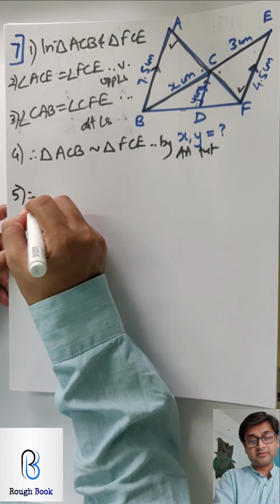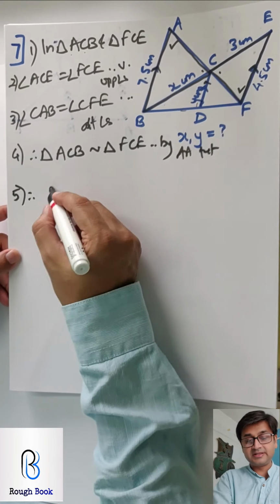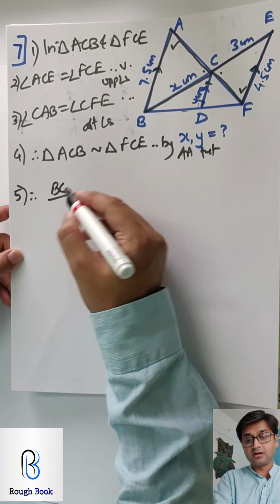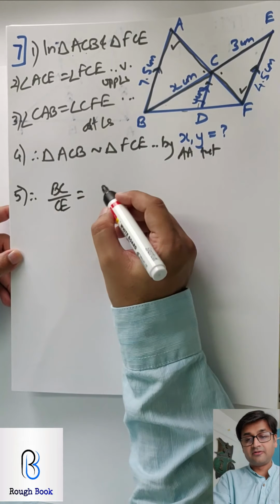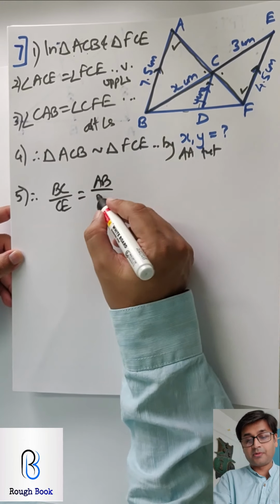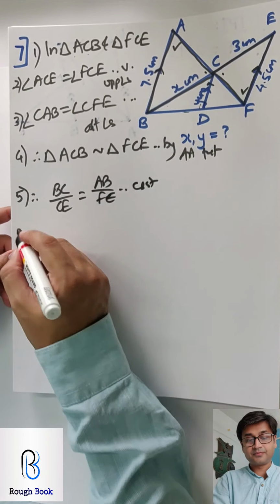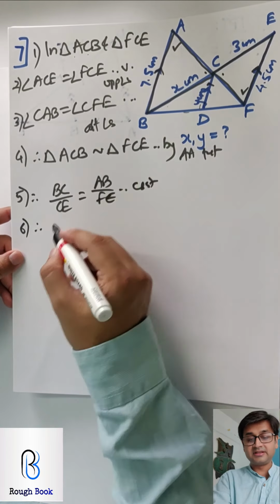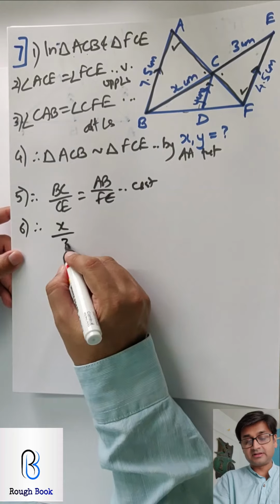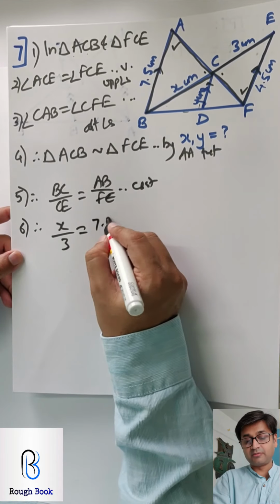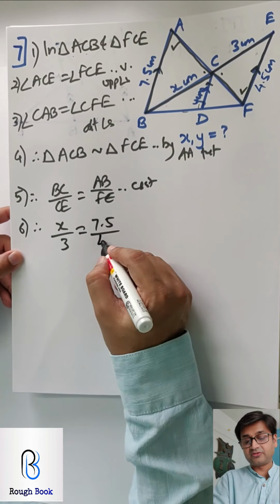Once your triangles are similar, therefore BC upon CE equals AB upon FE, CSST. So 6th, BC is x, CE is 3, AB is 7.5 and FE is 4.5.